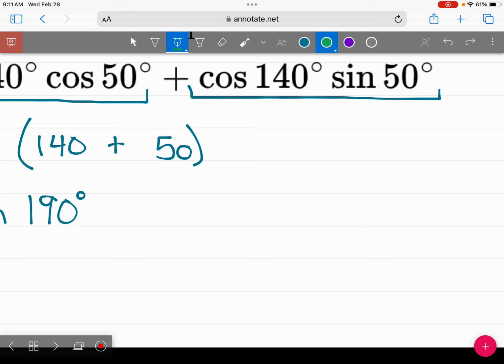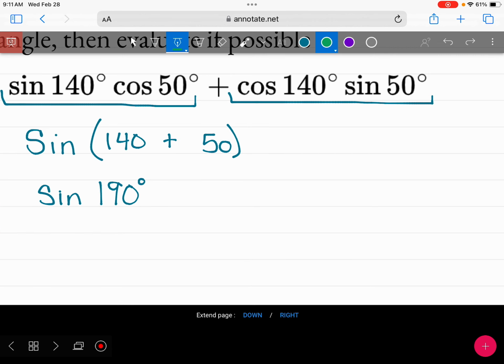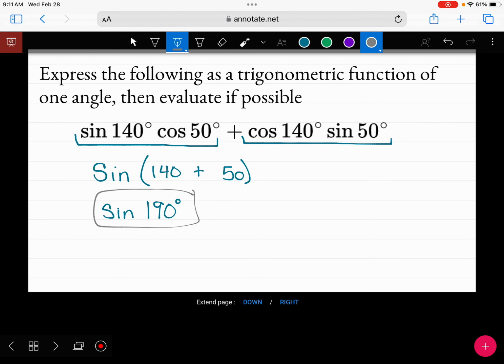Do we have any sums that we know that could do this? I didn't see one. We cannot get an exact answer. This is as close as we can get. That's why the instructions are going to say evaluate if possible.